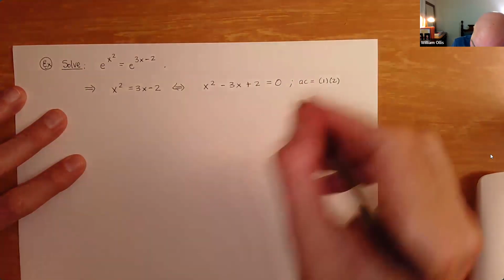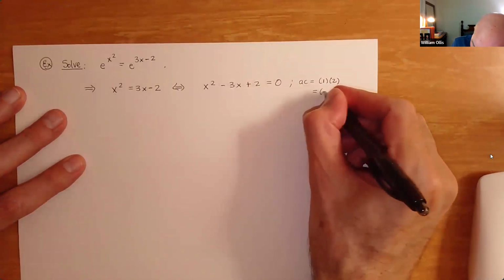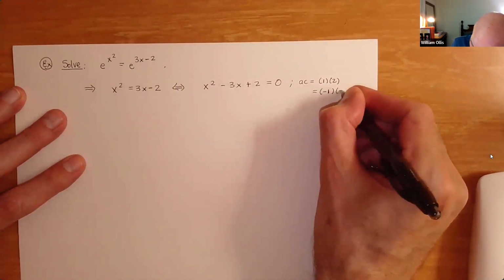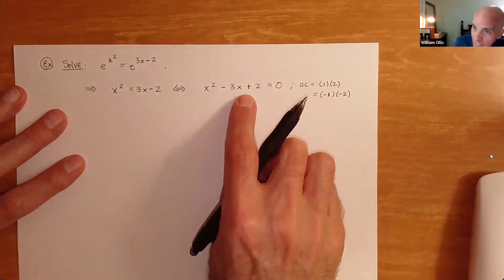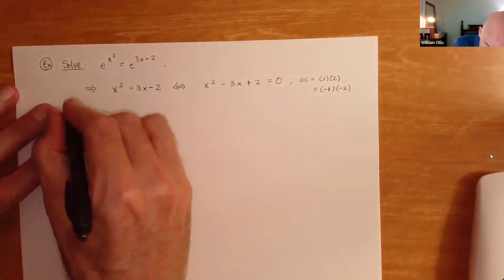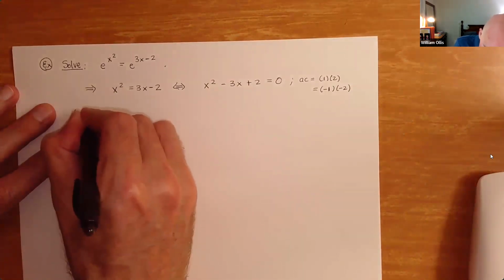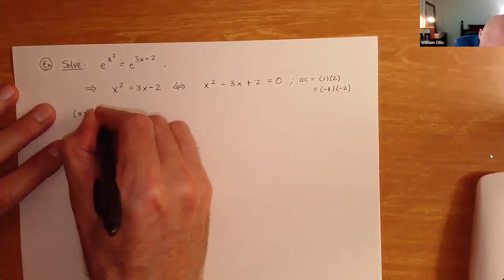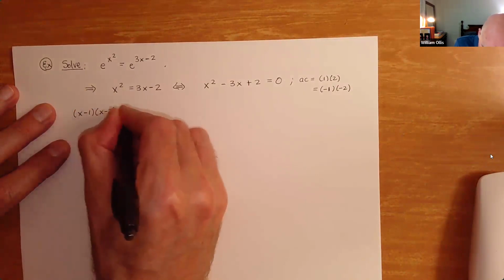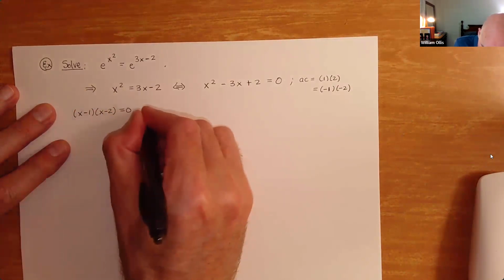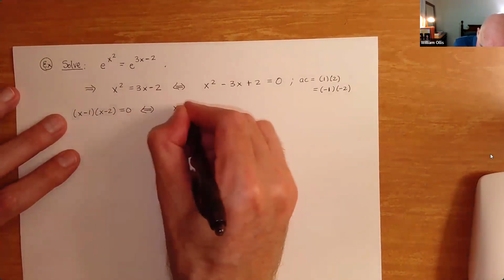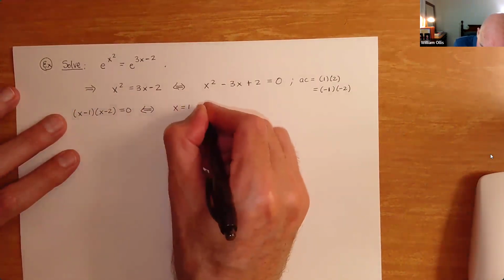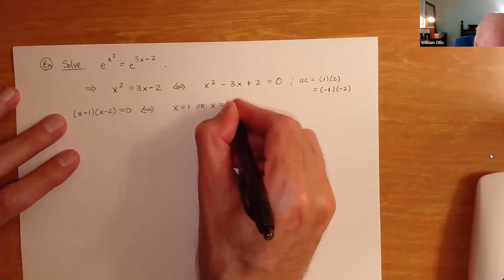And now we can append a negative to each of the factors to preserve the 2, but then the sum would give us the negative 3. So this easily factors. So we have x minus 1 times x minus 2 equals 0. And therefore, by zero product, we have x equals 1 or x equals 2.